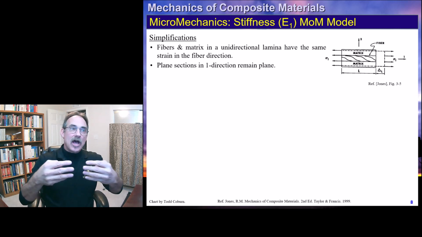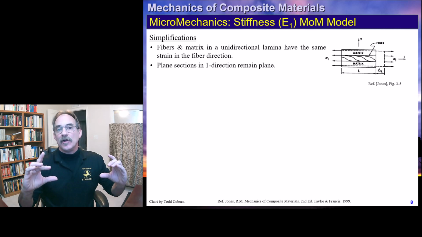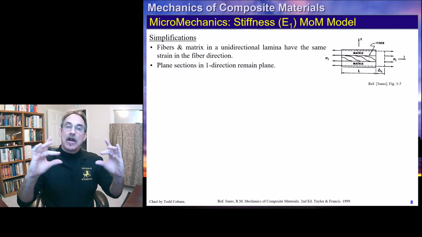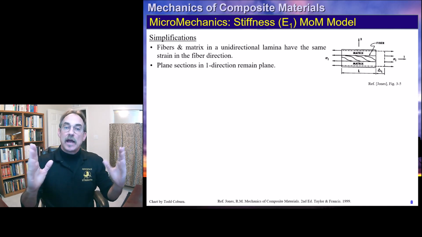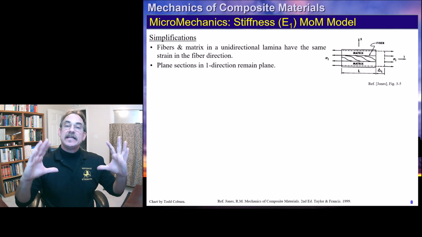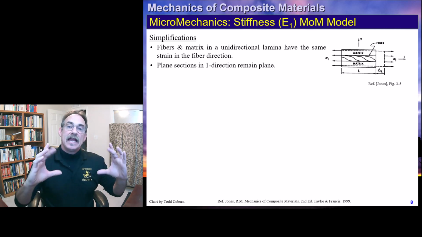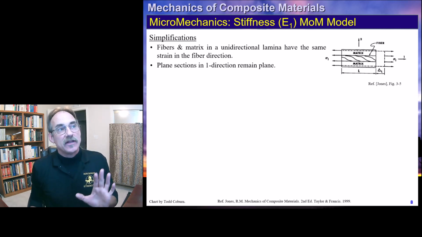And we're pulling on it in the one direction, and if we pull on it in the one direction, we're going to expect it to get longer. We're also, because of Poisson's ratio, going to expect it to get narrower in the other direction. So we're going to see a displacement lengthwise in the pulling direction, and a displacement in the transverse direction. That's the one direction and the two direction. Okay? Based on that single stress in the one direction.